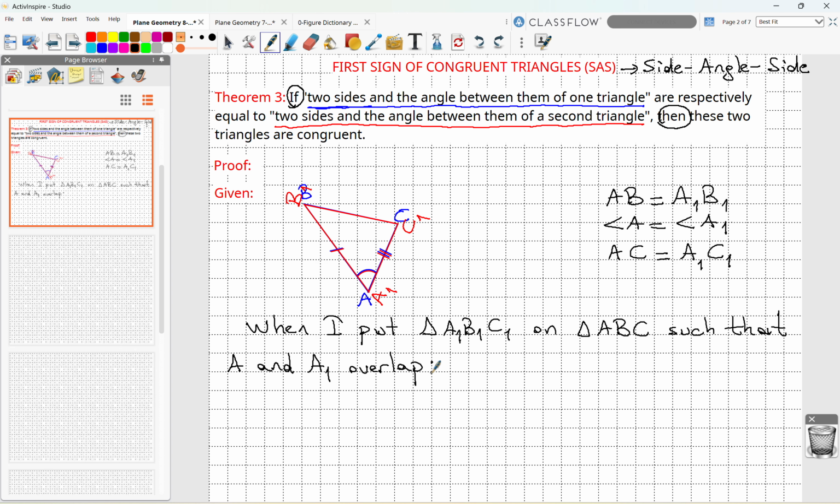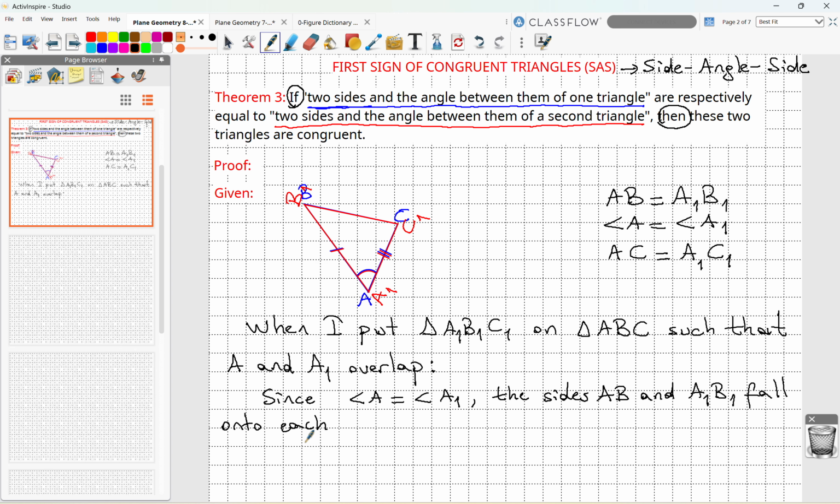When I put it this way, since angle A is equal to angle A1, the sides AB and A1B1 fall onto each other.